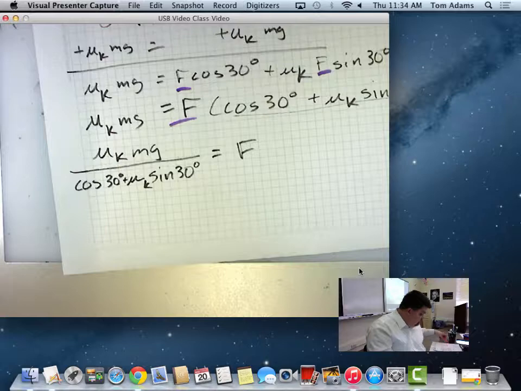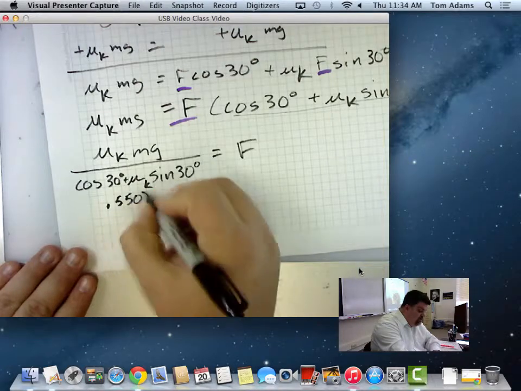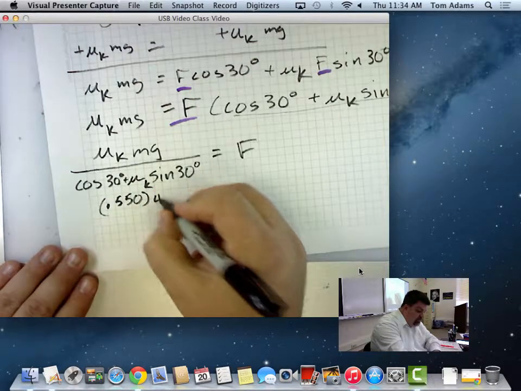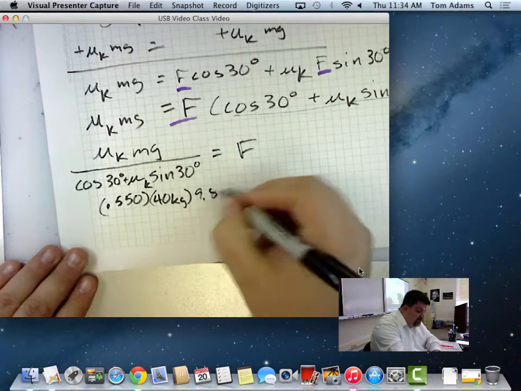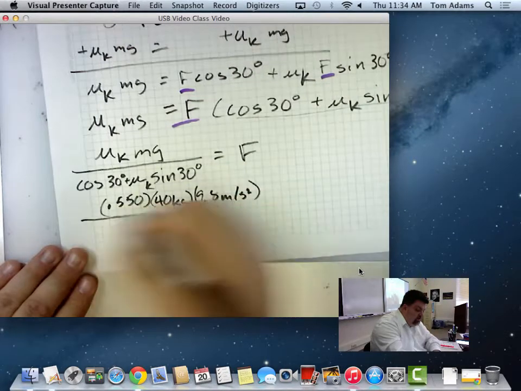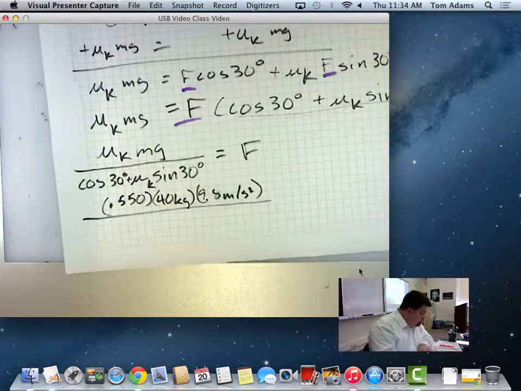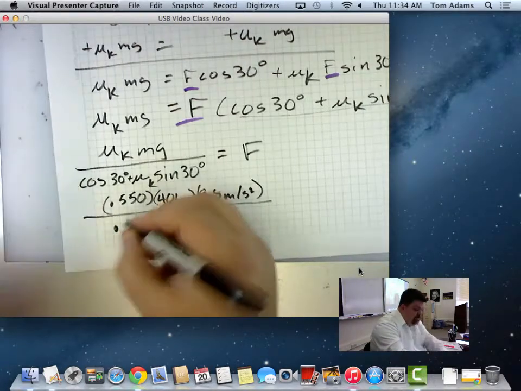Well, those are numbers. I've got numbers I could plug in for all this stuff. So I could say 0.550 times 40 kilograms times 9.8 meters per second squared. Does anybody know what cosine of 30 is if you approximate it as a decimal? This guy does.